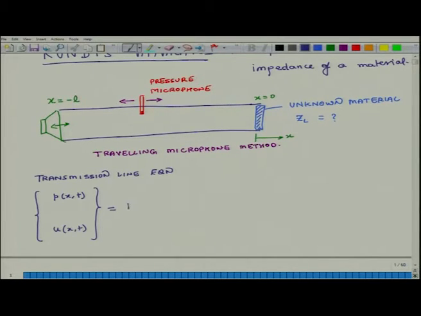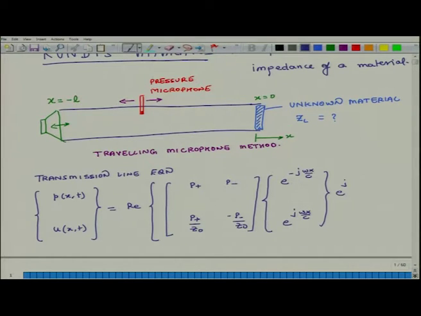So, this equals real of (p plus by z naught minus p minus by z naught) e to the minus j omega x over c, and for reflected waves I have e to the j omega x over c term, times e to the j omega t, and then I close the parenthesis. So, these are my transmission line equations.